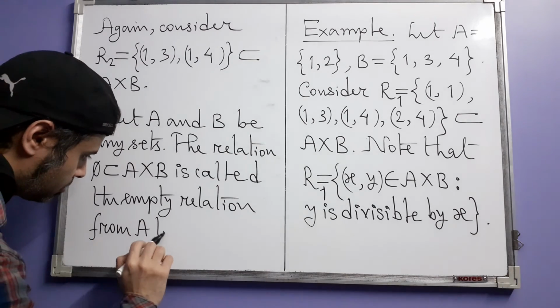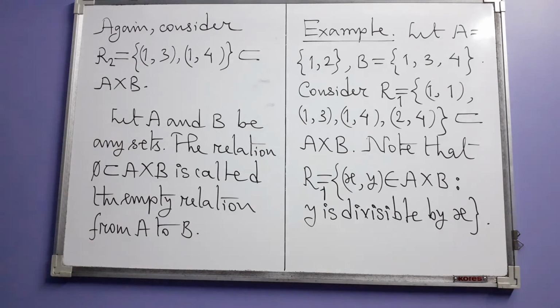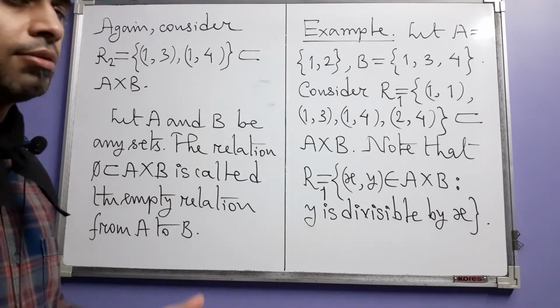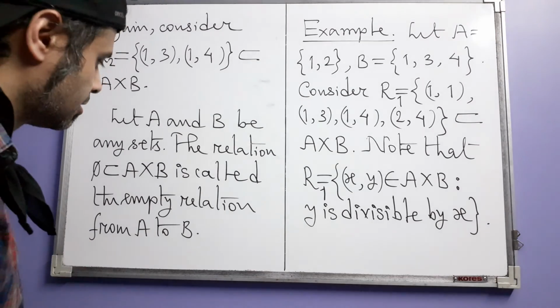From A to B. The other extreme is the subset A times B itself. That is also its own subset.